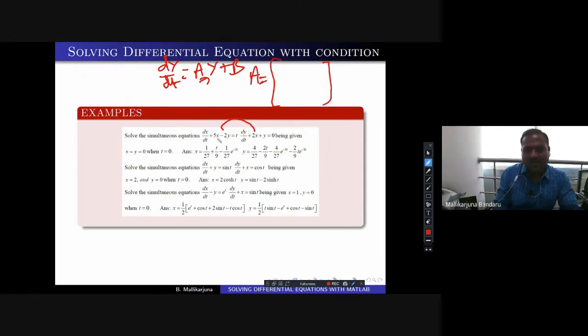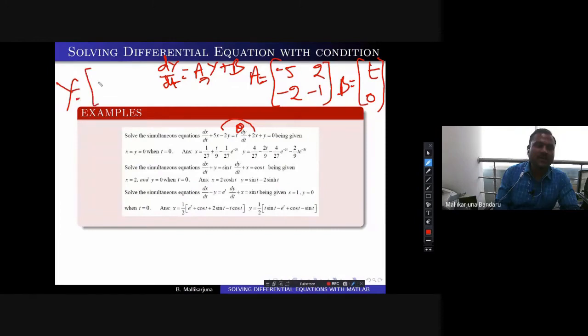Taking the right hand side, it is minus 5, 2, minus 2, minus 1. And what is the B, the constant matrix? Here it is t, and for this, 0. Y is nothing but the column matrix x, y. That we should give clearly to show what it means.